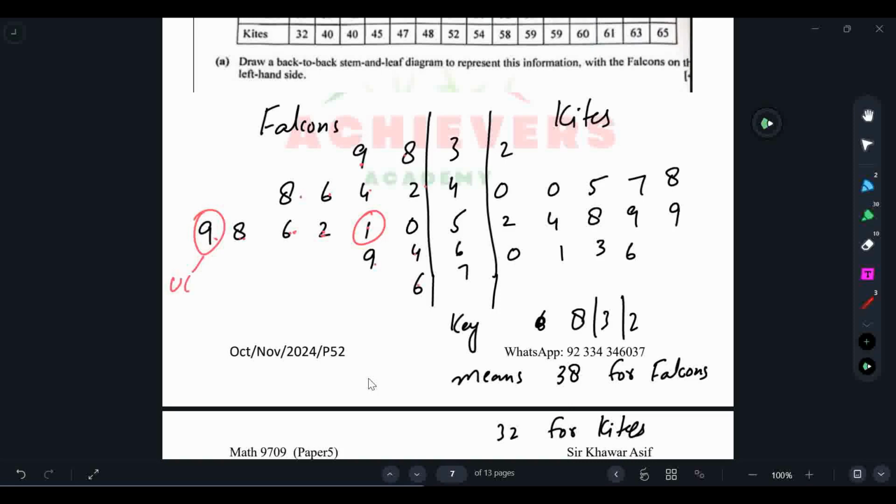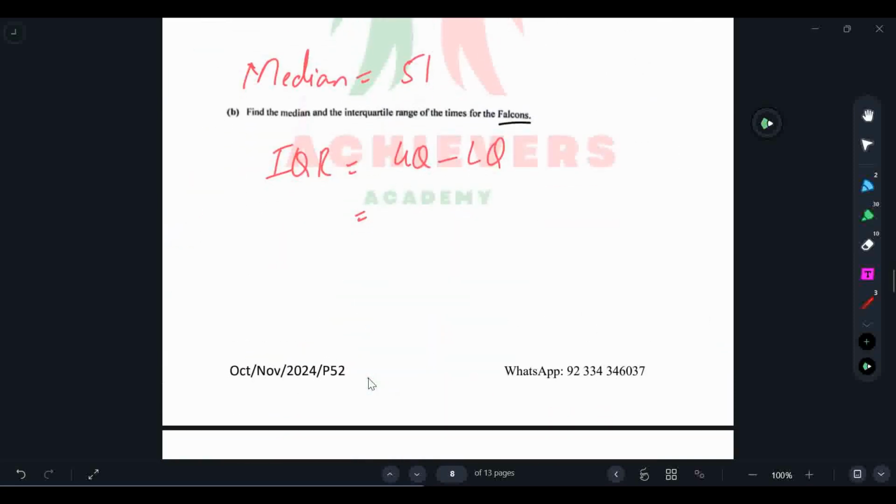So this will be the upper quartile, and this will be the median. And now for the lower one, 1, 2, 3, 4, 44 will be the median. So 59 and 44. Okay, 59 minus 44 will be equal to 15. So the interquartile range will be 15.